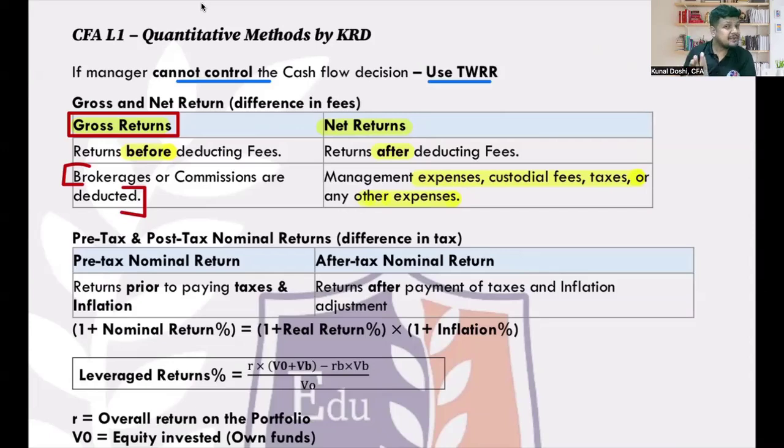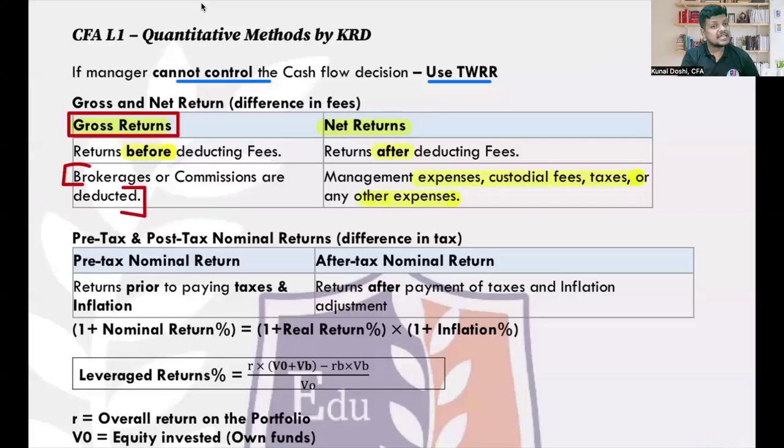Yes. Management expenses, is it deducted from gross returns? No. From net, when I calculate net returns, yes, it is deducted. Understood? So be careful. When they say brokerage and commission is deducted from gross return, yes. Deducted from net returns, yes.